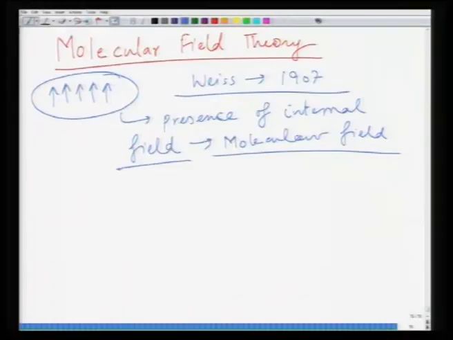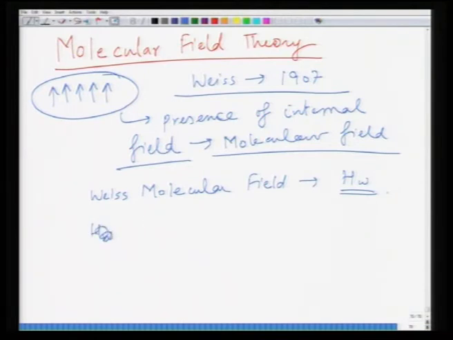On the same lines, a molecular field was conceived, and this field was thought to promote the alignment of spins in one direction, giving rise to a ferromagnetic interaction. So, this molecular or internal field is called the Weiss molecular field, and this is denoted as HW.